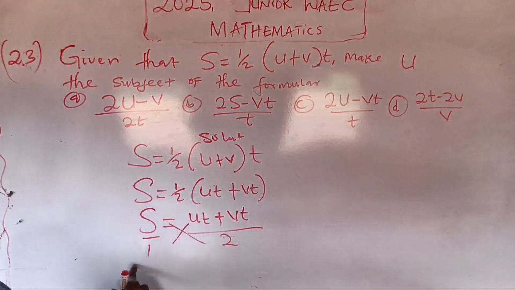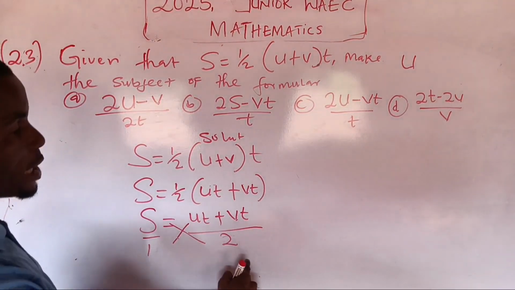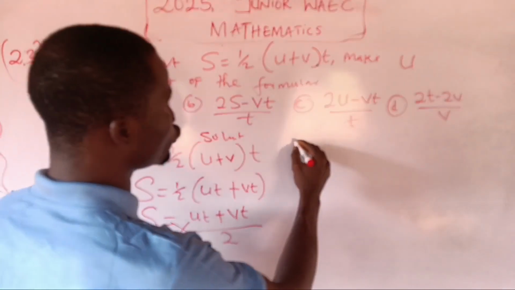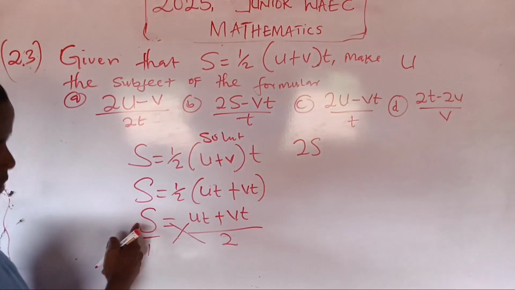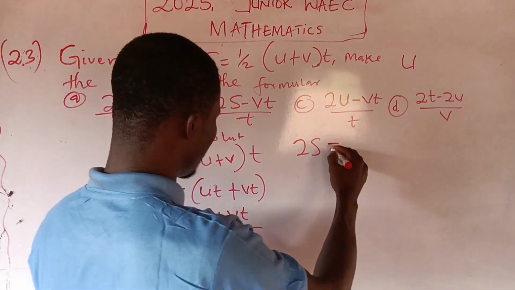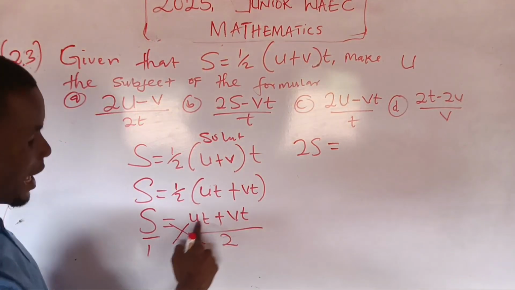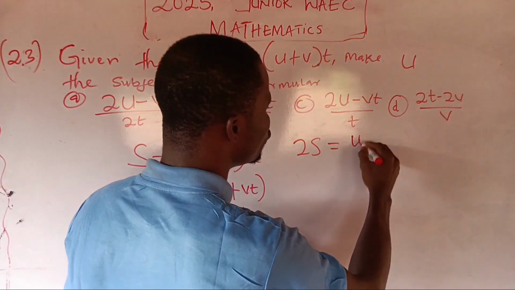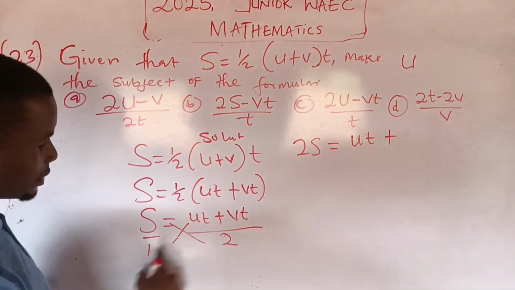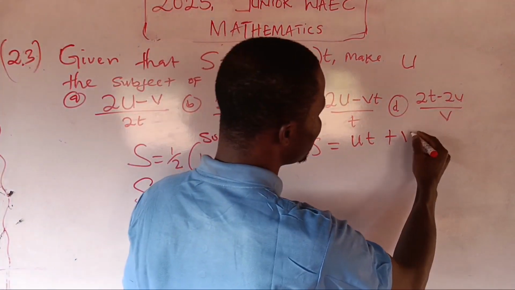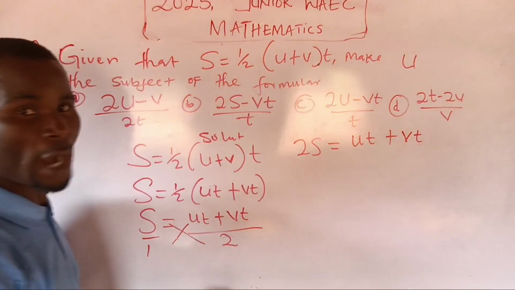So this one is coming like this, this side is going like this. So we have 2x, because 2 times x is 2x, equals 1 times ut, which gives us ut, plus 1 times vt, which gives us vt, right?